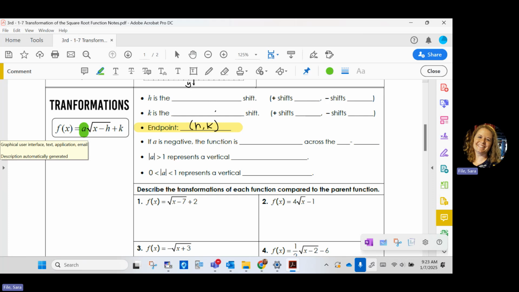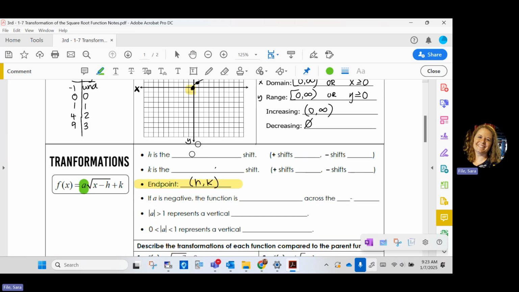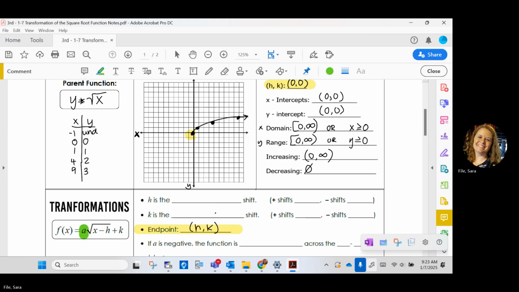Our A value is going to tell us the direction of the graph, if it's opening up or if it's been reflected. Okay, so in the parent function up here, what's A? What's multiplied in front of this square root? Understood 1. There's nothing there, so it's like multiplying by a 1. It doesn't change anything. So in the parent function, A is 1.